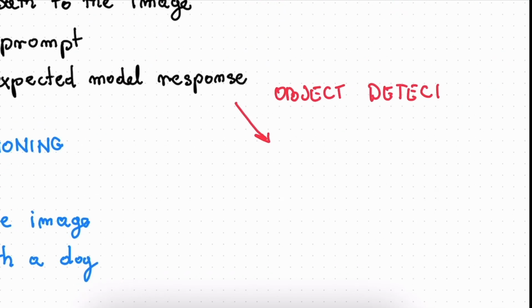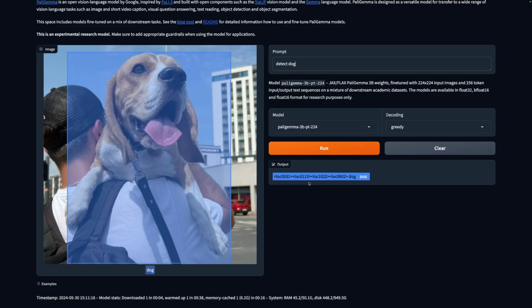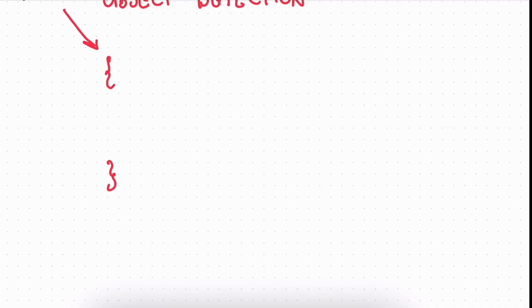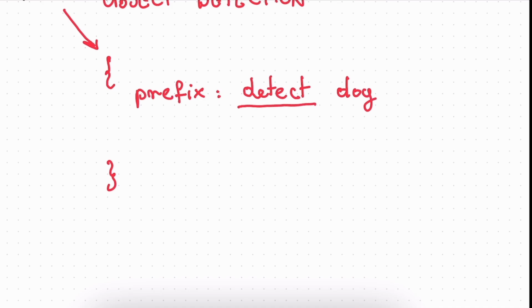Object detection is where things get interesting. Do you remember the unusual result we got from pre-trained PaliGemma, where we asked it to detect dog? Similar to other tasks, we have a prefix and a suffix. For instance, the prefix is "detect dog," where the keyword detect is critical.